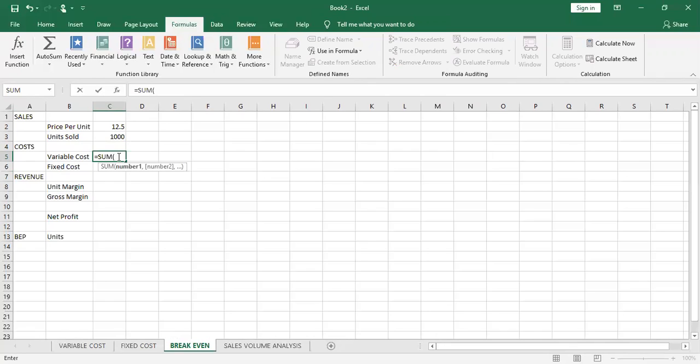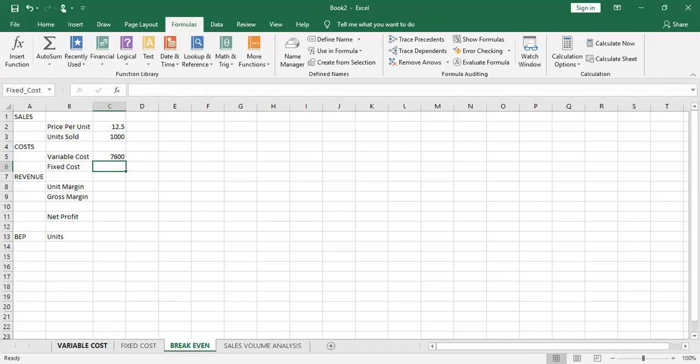So we have SUM of the variable table, sum of values within the variable table, we close the bracket, then multiply by the unit sold of 1,000. So the sum of values within the variable table multiplied by the unit sold will give us the variable cost. When you finish, we accept this and we have 7,006.